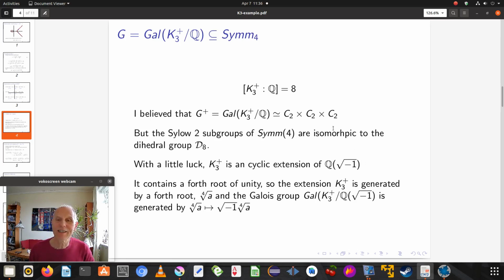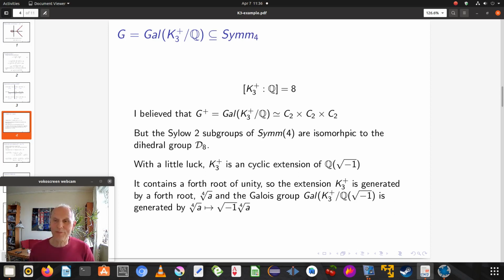And in that case, K3 plus can be generated by a fourth root. One way to find it is to find an element of K3 plus whose fourth power lies in the Gaussian fractions.